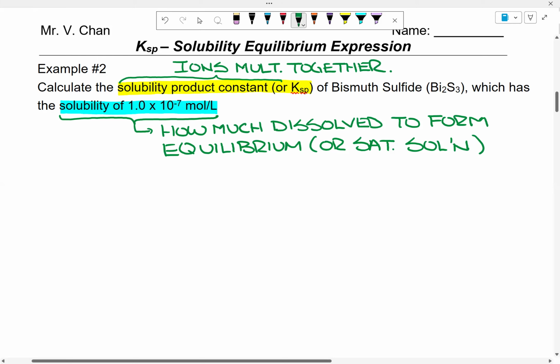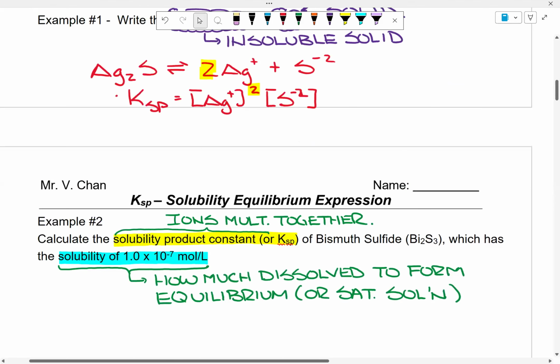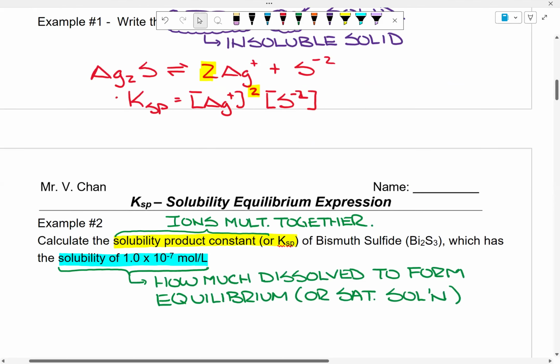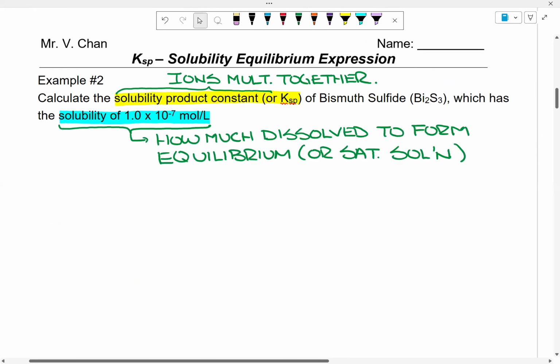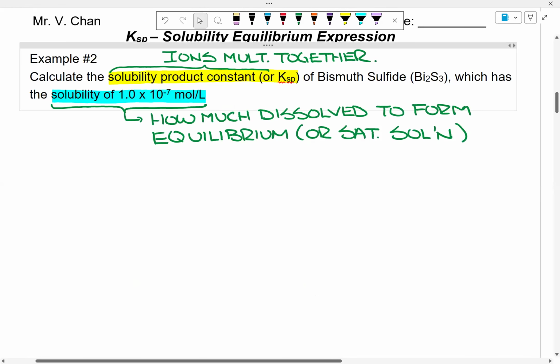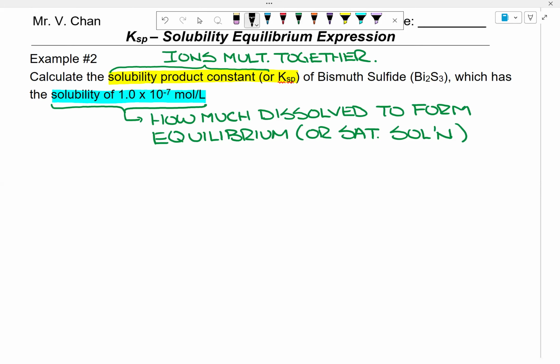So what I'm going to do is take what we had learned up here about the dissociation equation, and then we're going to solve it. Now, because I'm asking for KSP, I know that the solution is in equilibrium. So I'll write the equation.